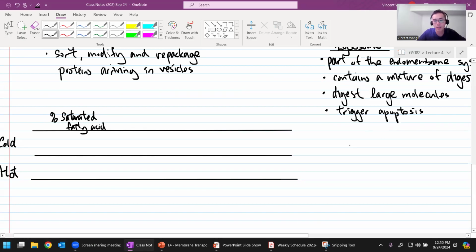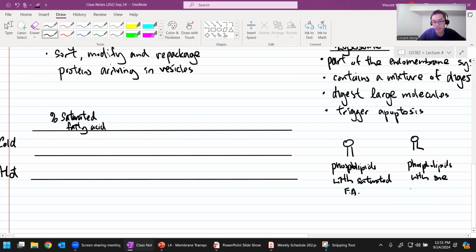Remember when we drew the cell membrane, there are some phospholipids with saturated fatty acids, and then there are phospholipids with one unsaturated fatty acid, right?